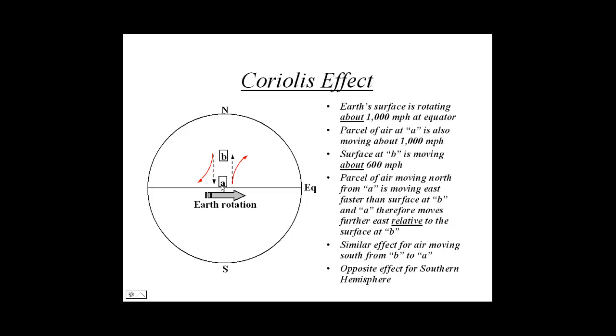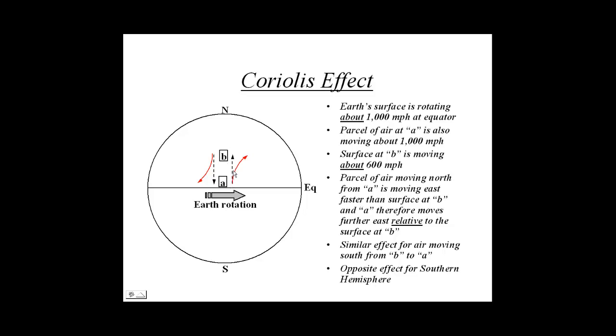Now let that sink in for a minute. This air is going to travel north to point B, but when it's at the equator, it's traveling 1,000 miles an hour to the east. But as we get further to the north, it's still traveling at 1,000 miles to the east, but the Earth may be traveling at only 600 miles to the east at that point because there's a smaller circumference.